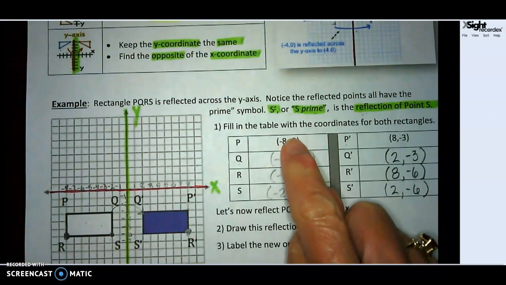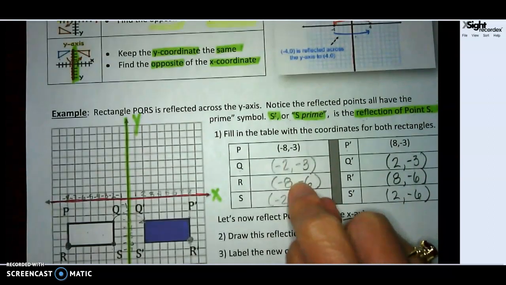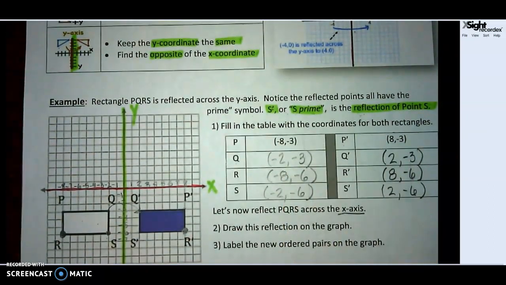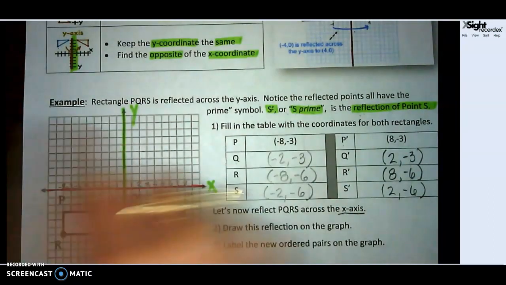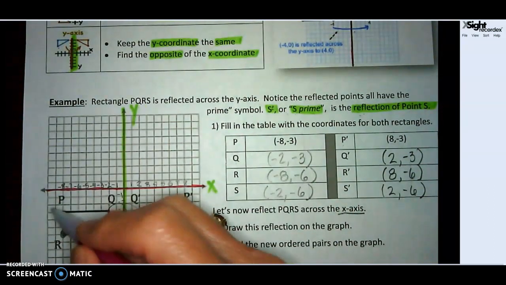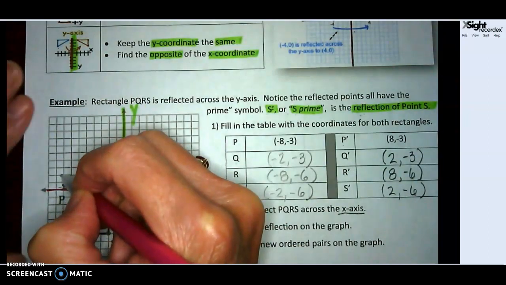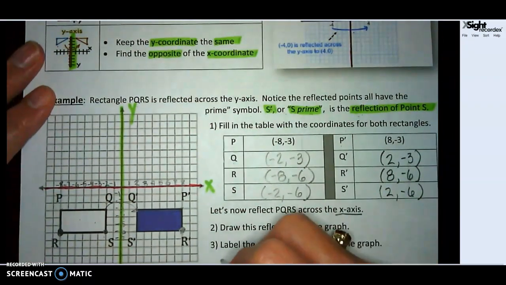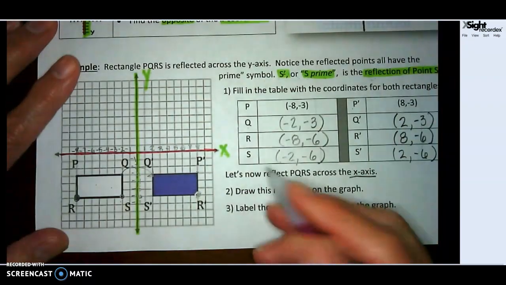We start with their original points here. These are our original points. And now we're going to do a reflection of these across x. So if we want to say P prime across the x-axis, I guess the best place to write those is down here at the bottom.